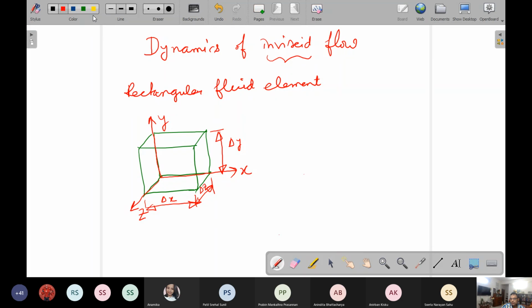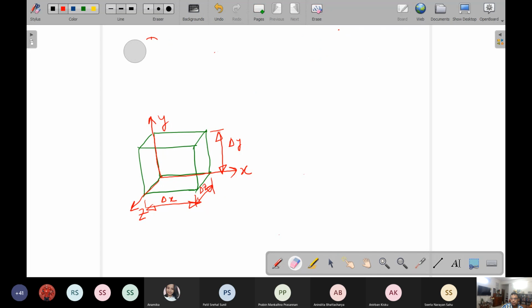So we will write an equation of motion for this, and to begin with we will write an equation of motion along the x direction. In the kinematics chapter, we have learned how to write a very important component of the equation of motion.